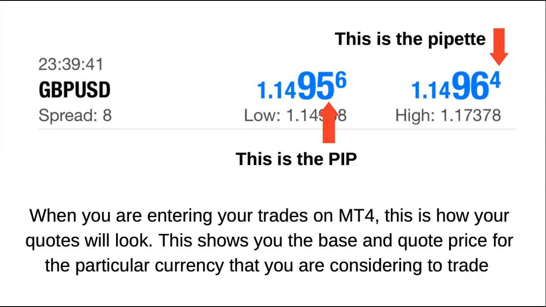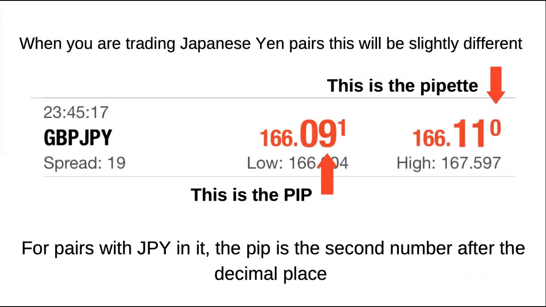So when you are entering your trades on MetaTrader 4, this is how your quotes are going to look. This actually shows you the base and the quote price for the particular currency that you are considering trading. And I'm going to also show you how it would look on a yen pair.